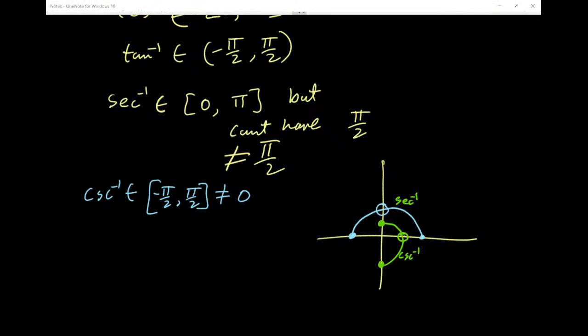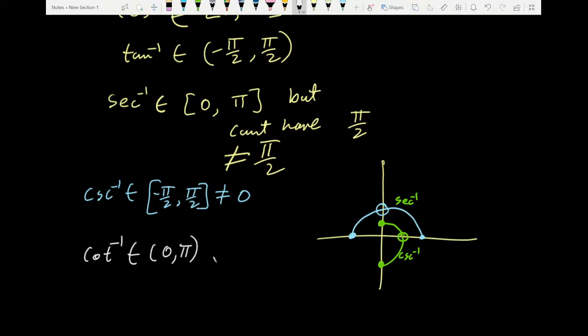And the last one, cotangent inverse. This is a tricky one. It's not going to follow cotangent. It's just 0 to pi. So it's going to be an open interval from 0 to pi. That's cotangent inverse.